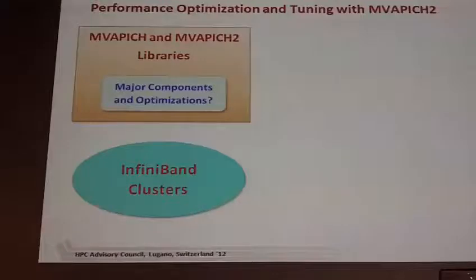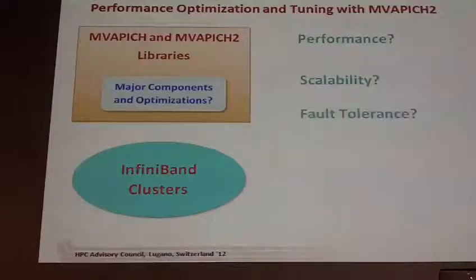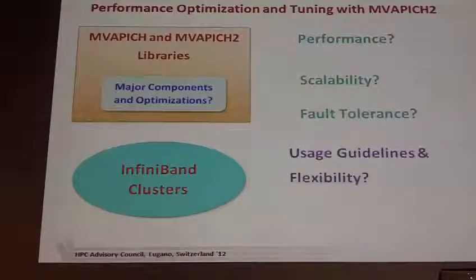Tomorrow I'll talk about how it interacts with the GPU, like the NVIDIA GPU. Here I'll talk about how these designs have been done to focus on performance, scalability, and fault tolerance, and provide some guidelines, especially as a user, if you want to deploy a very large cluster or squeeze more performance from your applications, what aspects you should be looking for.